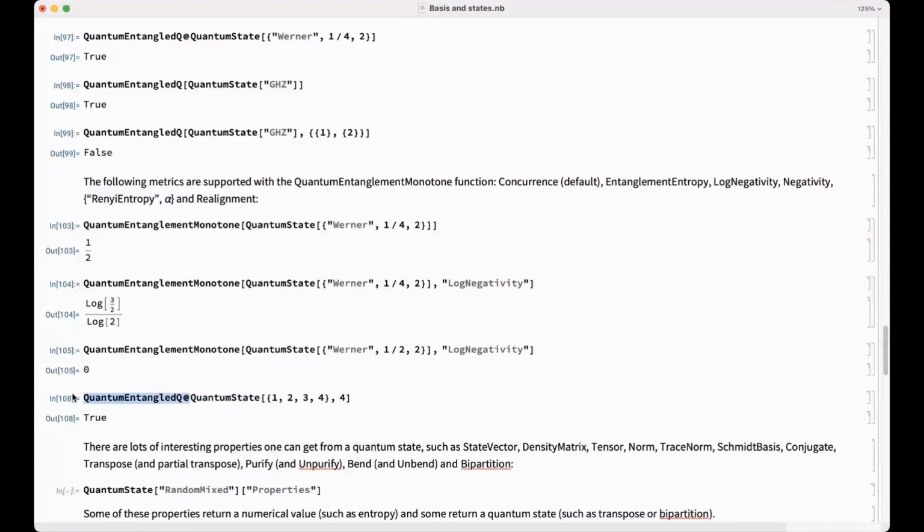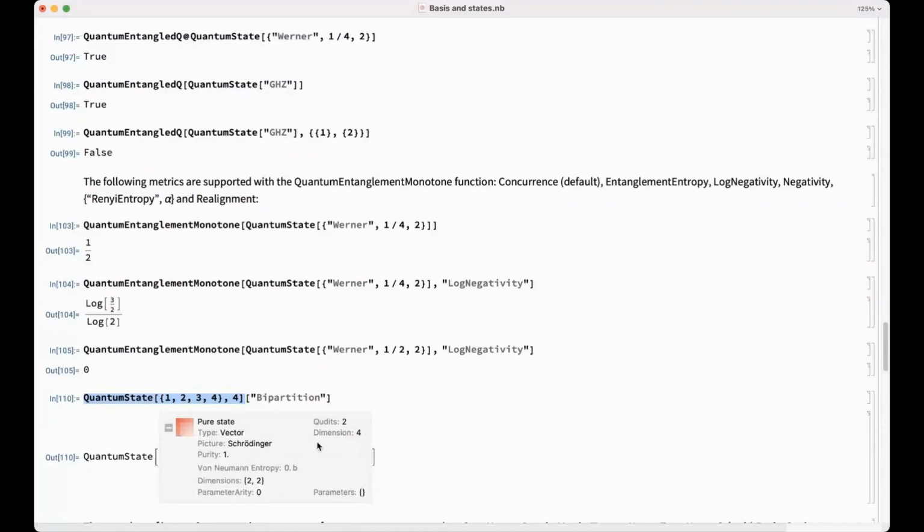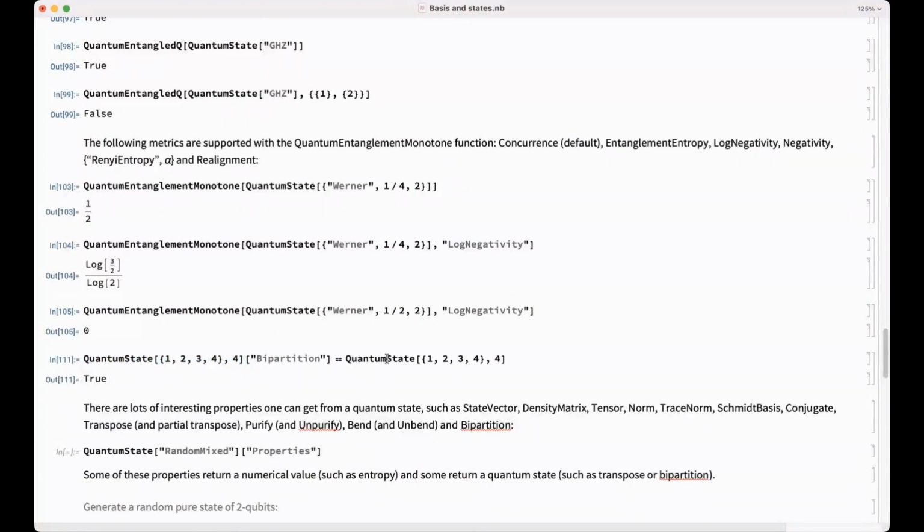And what it's doing underneath is bipartitioning your state. There's a property for states called bipartition. You see, before bipartitioning, it was a single 4-dimensional qudit, but after bipartitioning, now it's two 2-dimensional qudits. And now you can ask of this particular state whether those systems that it was bipartitioned into are entangled between each other or not.